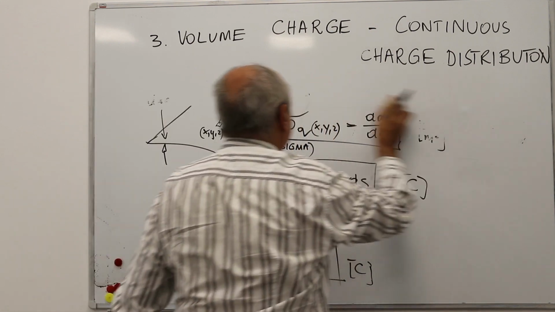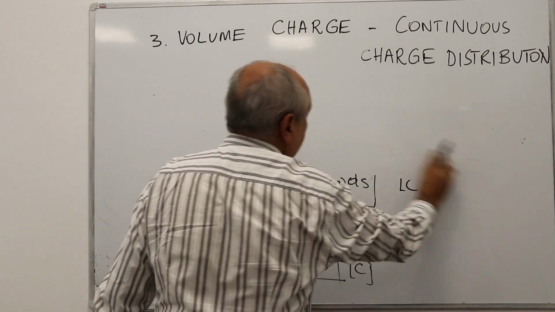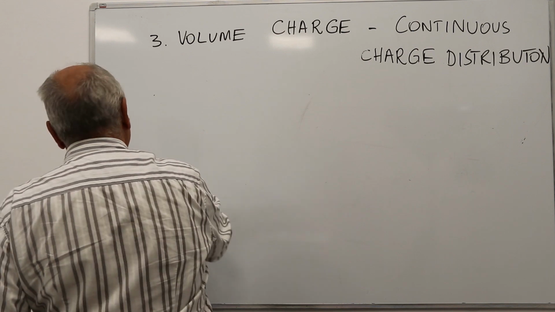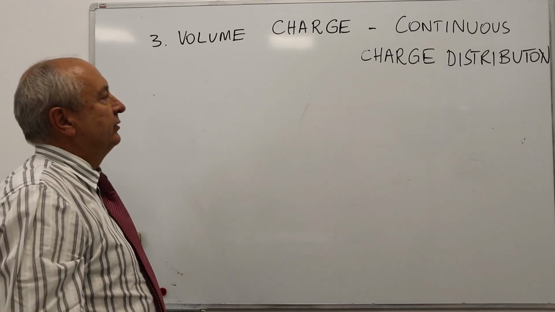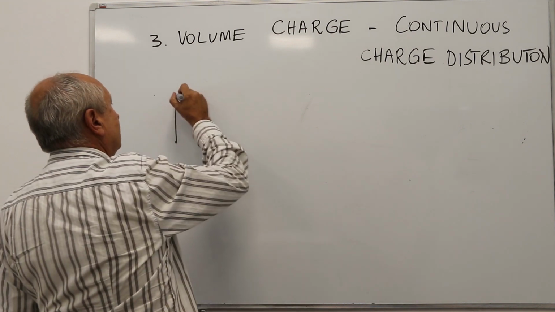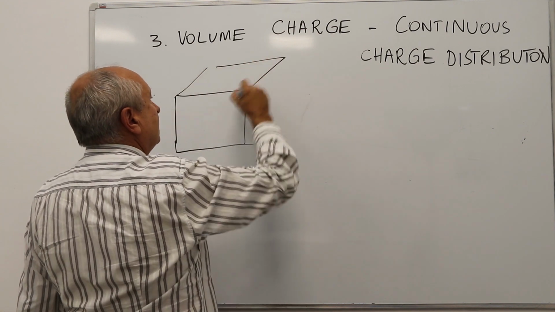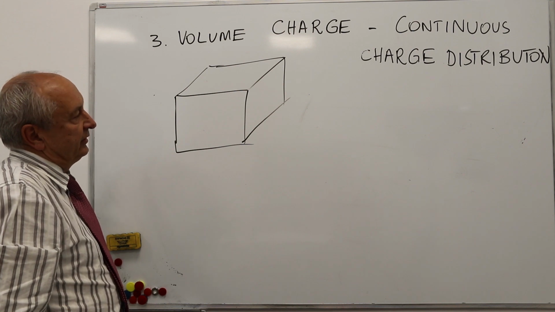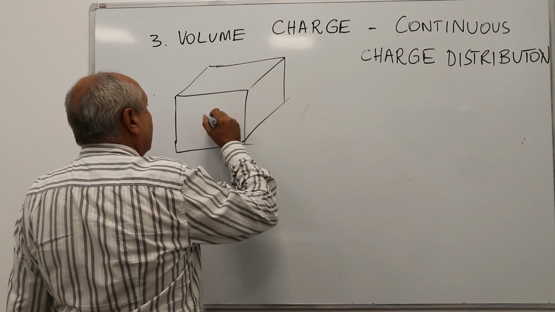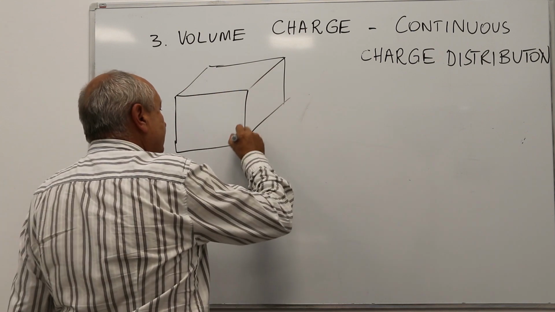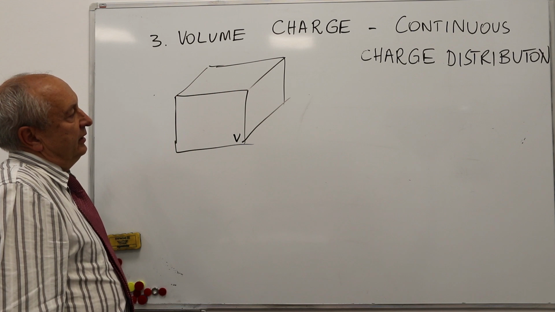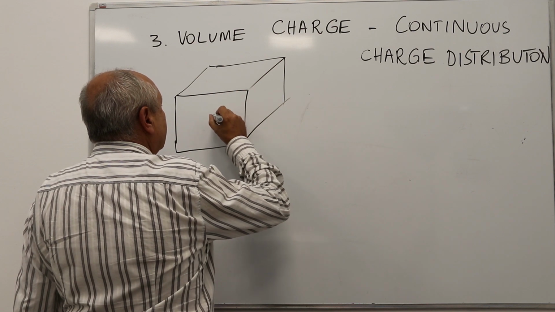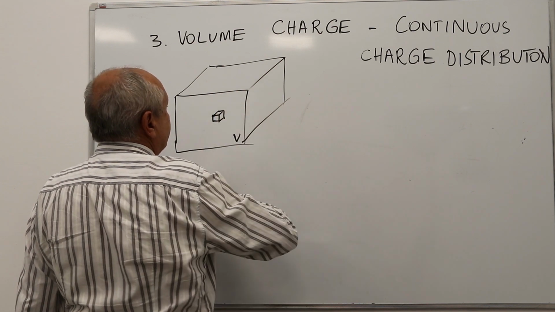In this case, I think that everyone knows this: when we have a piece of material, this is a piece of volume, and it is charged. We can define the charge density.